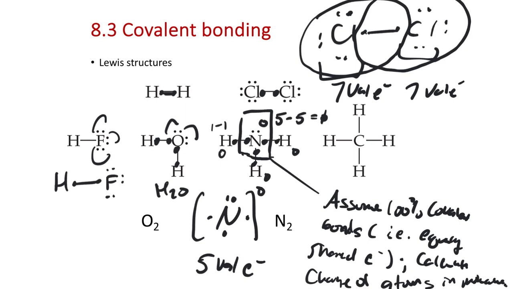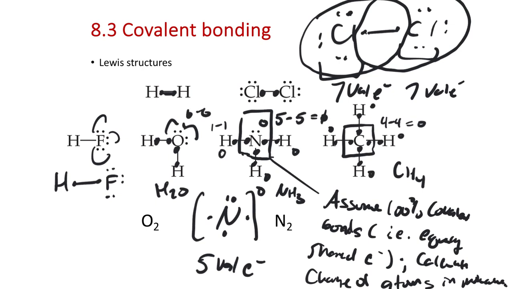Ammonia is uncharged. When I write the formula for NH3, there's no charge indicated, so it should be neutral, and it is neutral. CH4 is also neutral, and I see that carbon should have 4 valence electrons surrounding it, and it does. That looks like carbon's usual dot diagram. So carbon's charge is 4 minus 4, for 0. All the hydrogens are 0. Water should be 6 minus 6, so that's 0.